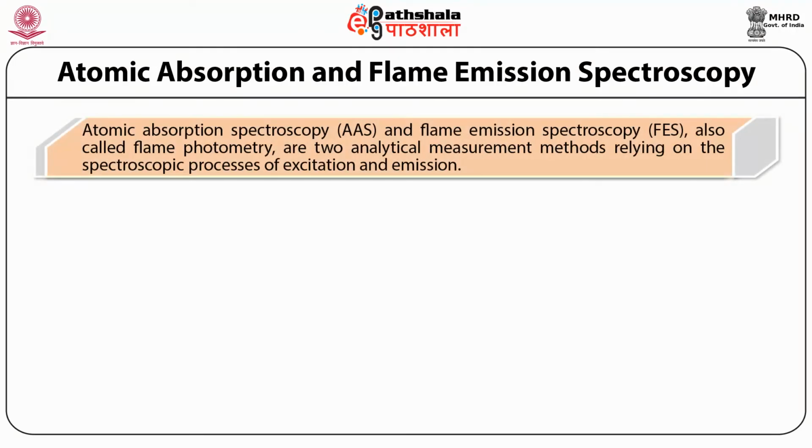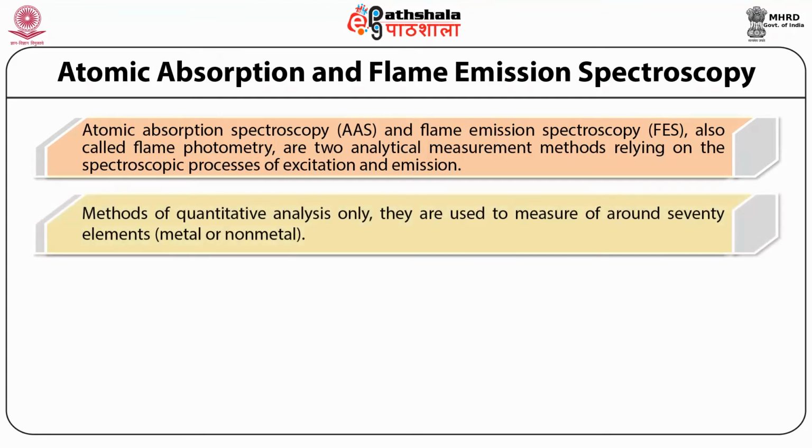Atomic absorption spectroscopy is also known as AAS, and flame emission spectroscopy is known as FES, also called flame photometry. They are two analytical or measurement methods relying on the spectroscopic processes of excitation and emission.